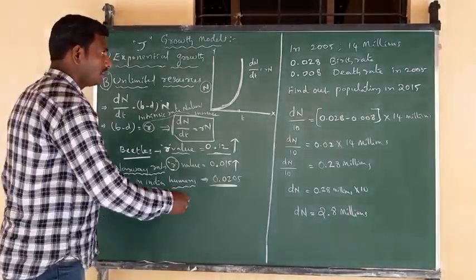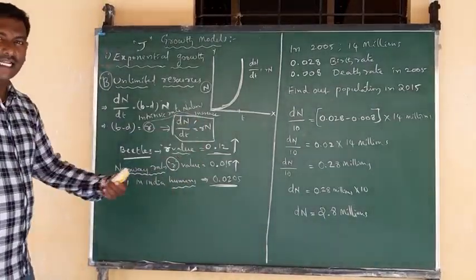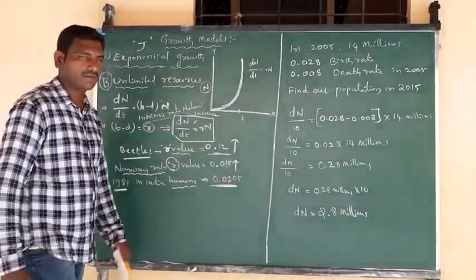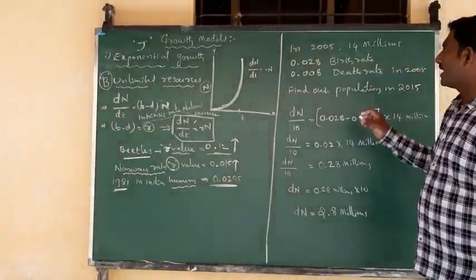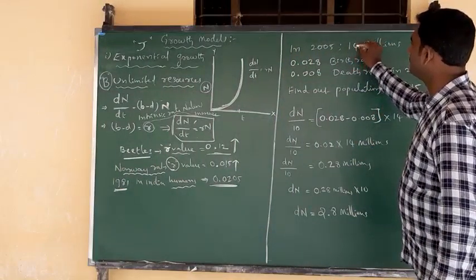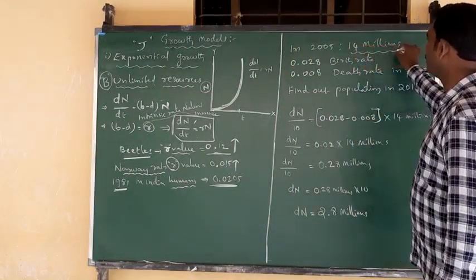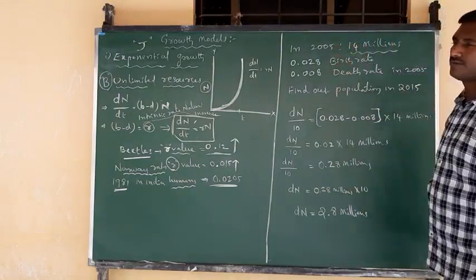Next, based on this formula, they ask different types of questions. For example, one of the questions is given here. In 2005, within a habitat, there are 14 million individuals. The total population is 14 million in 2005.